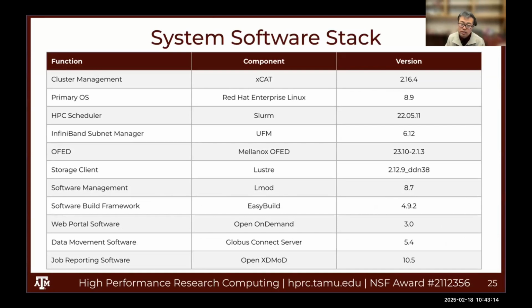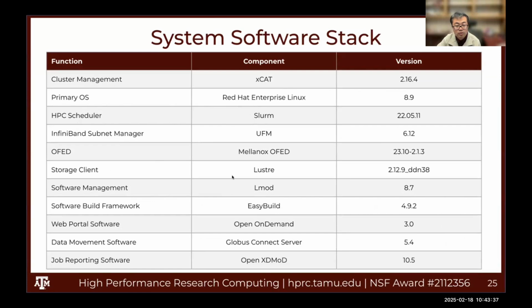Also, this is about the ACES system software stack. I think this is more from our system administrators. We use ASCAC for cluster management. Our OS is Red Hat Enterprise Linux. We use Slurm for scheduling.